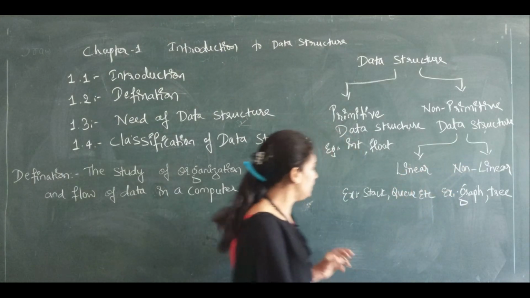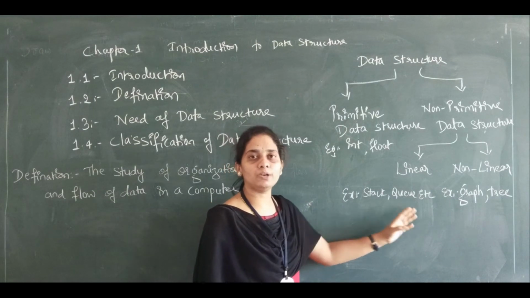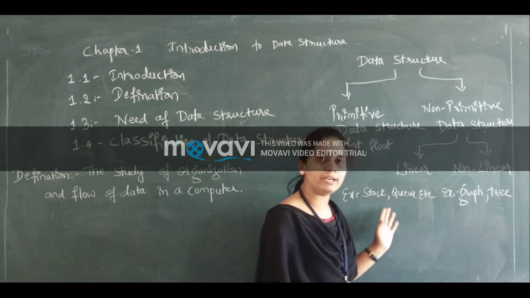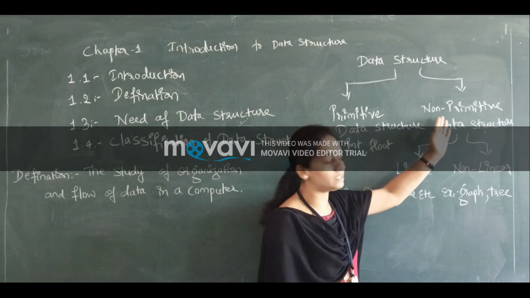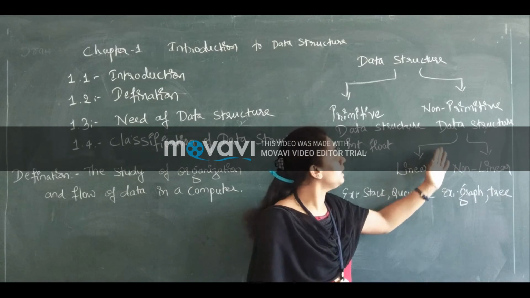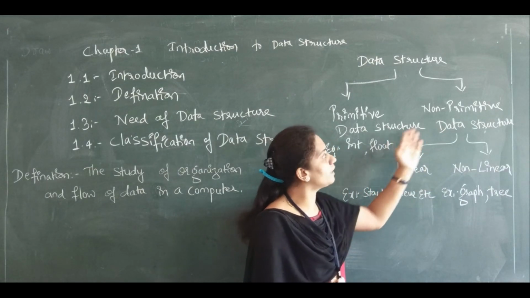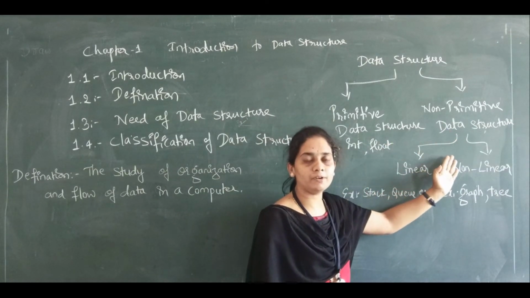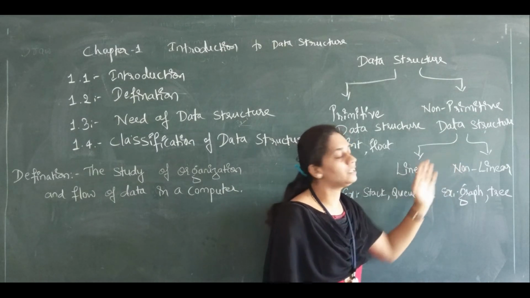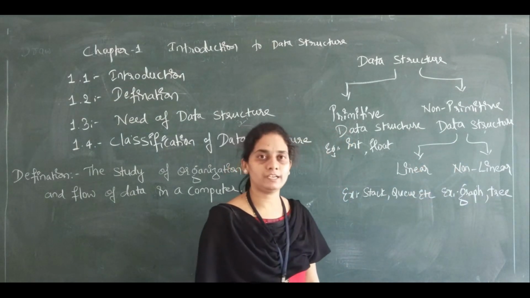For example, stack, queue, linked list, tree, graph. These we are going to create, so they are considered non-primitive data structures. By using int, float, we are going to create a non-primitive data structure, so we say these are user defined data structures.